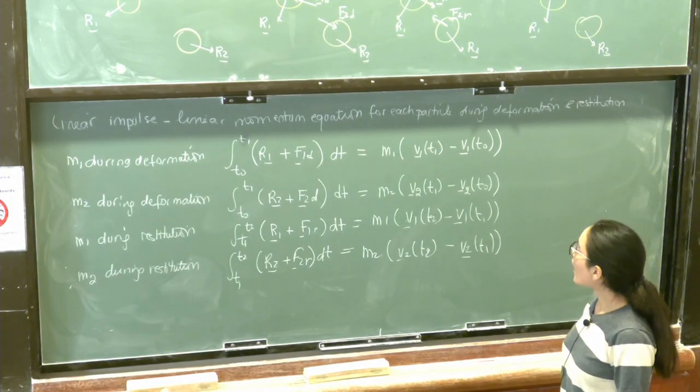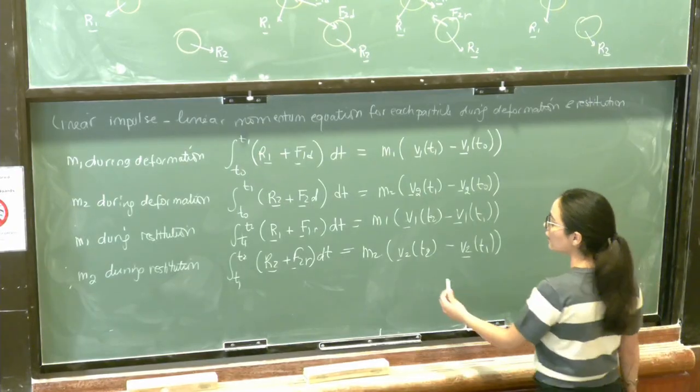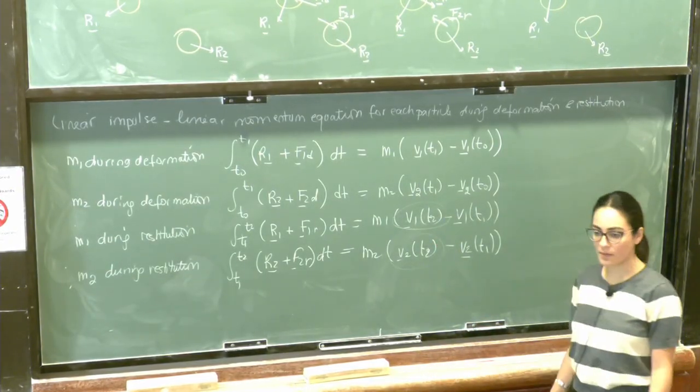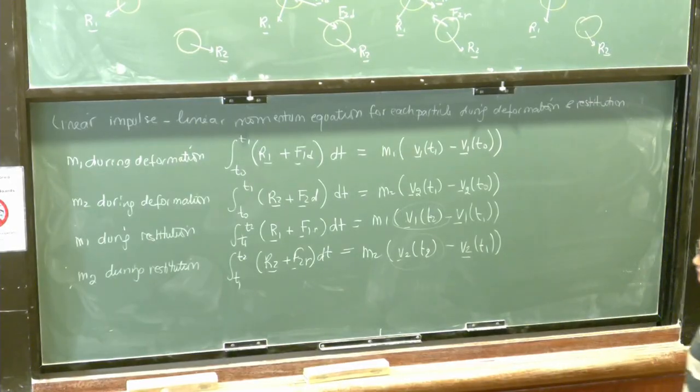Yes. If you call V2 at T2 and V1 at T2, you can call them V1 prime and V2 prime. That's what we will usually do. Okay.